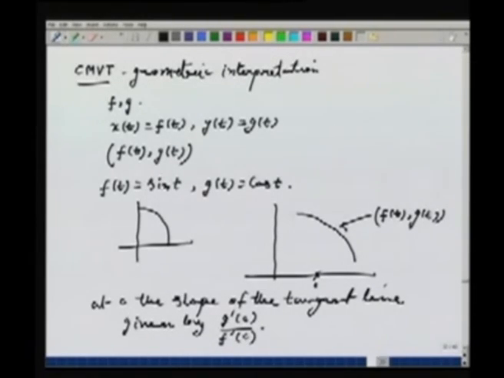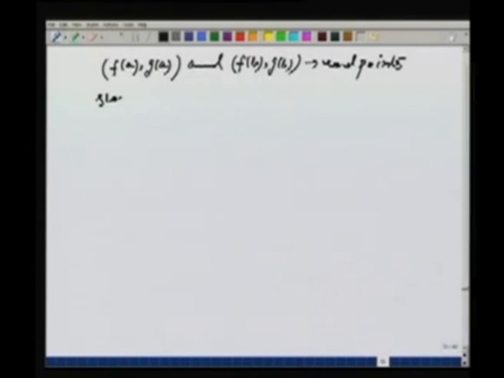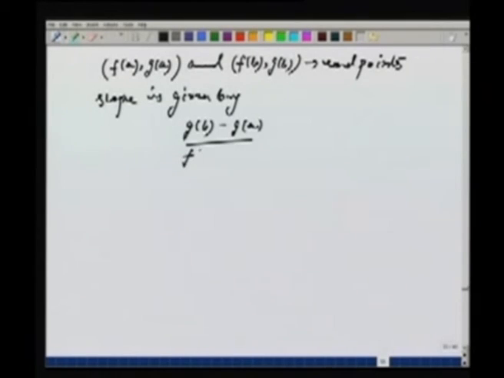On the other hand, if I look at the endpoints (f(a), g(a)) and (f(b), g(b)), then the slope is given by g(b) minus g(a) by f(b) minus f(a).